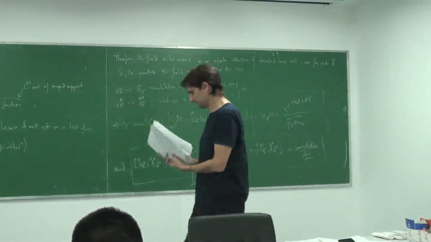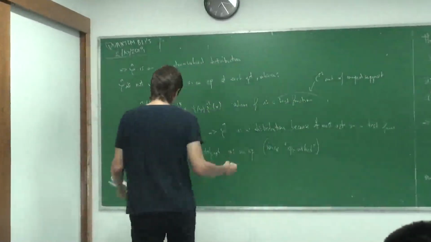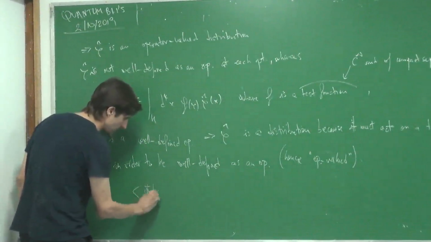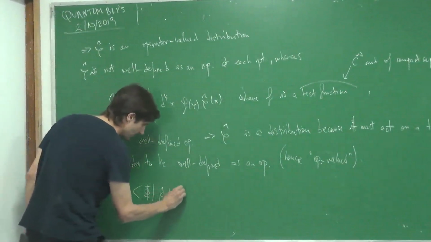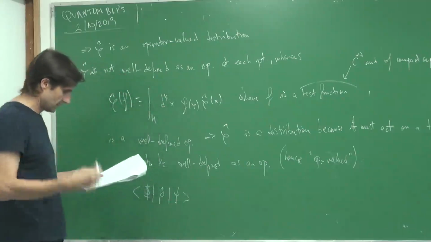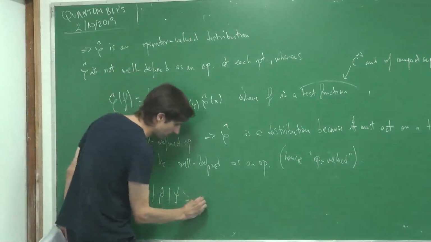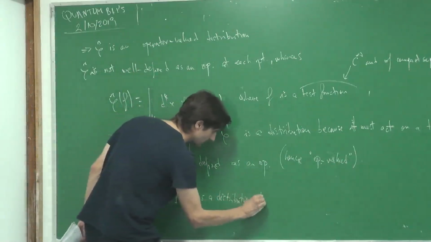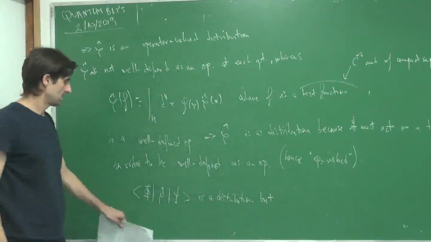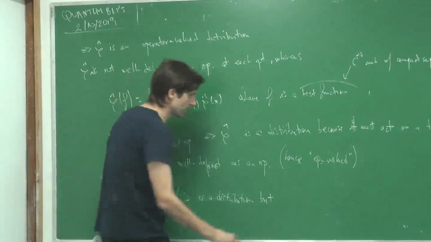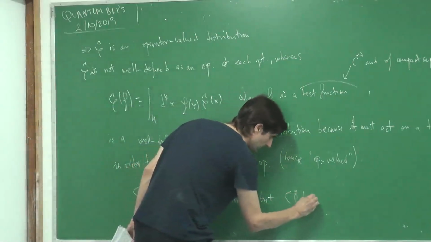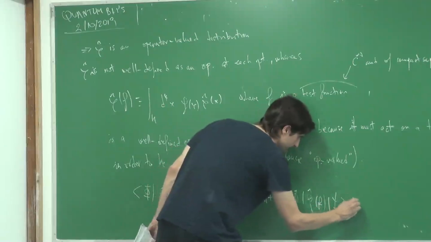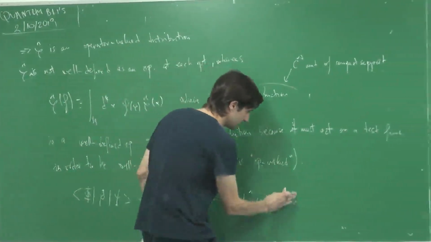So as I say, things like expectation values of phi, they're not a complex number. It's a distribution. But if you smear phi with a test function first, that's a complex value.